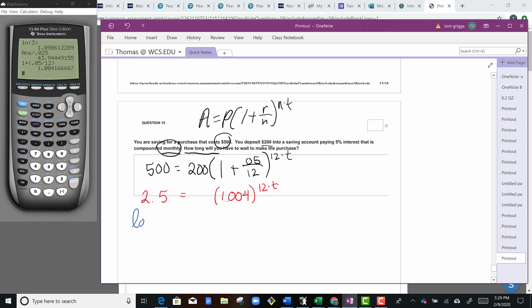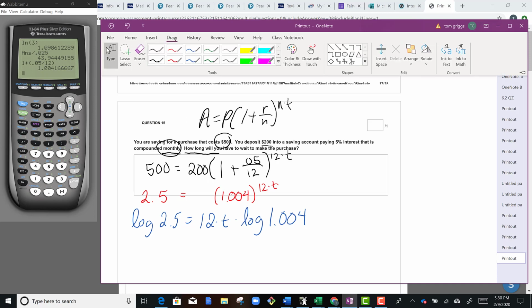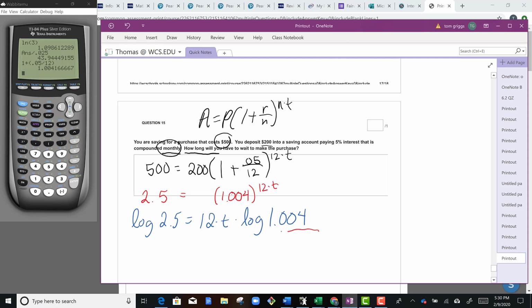Log both sides. I'm going to do kind of combined steps here. I log both sides and move the exponent to the front. And then simply, we want to get t by itself, so we're going to divide both sides by 12 log 1.004.